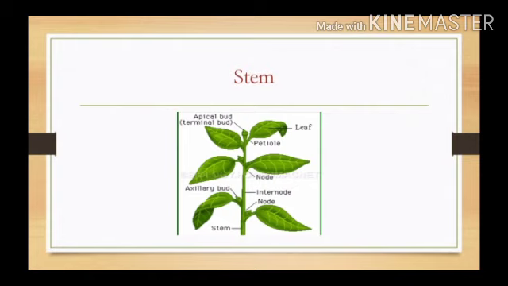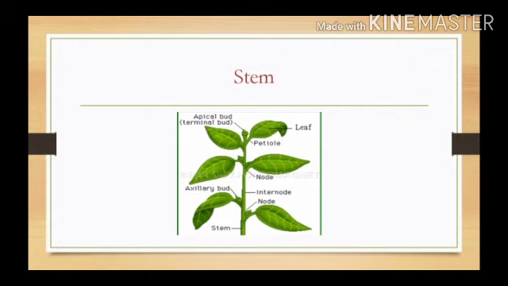Next, we learn about the stem. The stem grows above the soil from the plumule of the sprouting seed. As the sprout grows, the length of stem gradually increases too. There are nodes on the stem. Leaves come out at the nodes. The part of the stem between two nodes is called an internode.